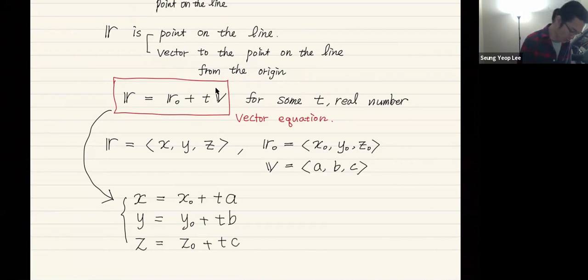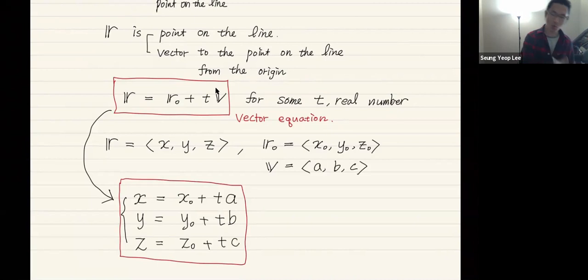These 2 equations are perfectly equivalent. One is using the vector notation, the other is using 3 equations, one for each entry. The name is not important, but in the book, it's called the parametric equation.